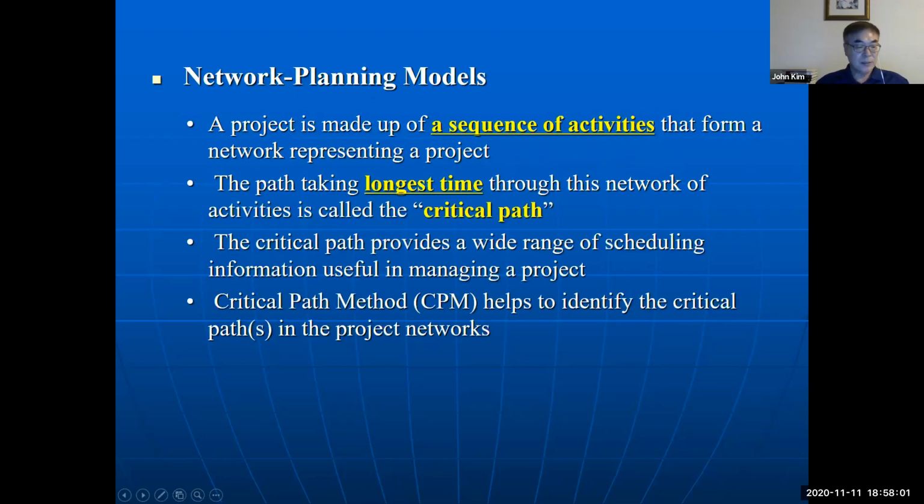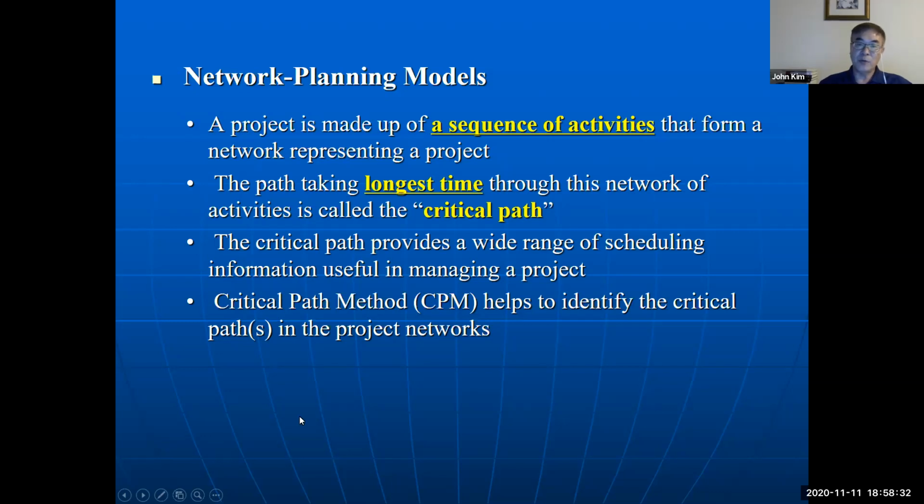In a project, time is very important, and because of the sequence of related jobs or tasks, time managing is very important. Then in project management, we use network planning methods. I think you heard this term, critical path method.